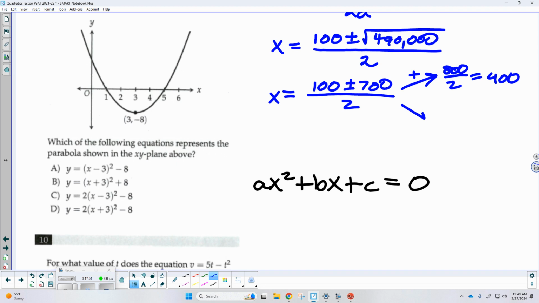And then the other one, let's subtract. So 100 minus 700, that's going to be a negative 600, divided by 2, so my other root is a negative 300. Okay. So what you would have used if you were going to factor it, you would have had a negative 400 and a positive 300 because you needed a negative 100 for your linear coefficient.